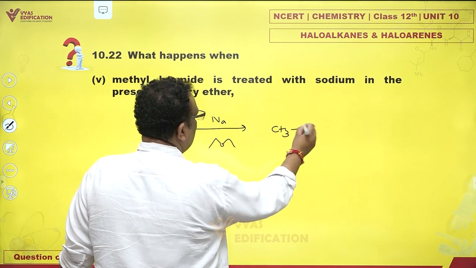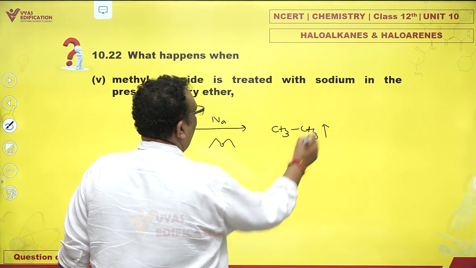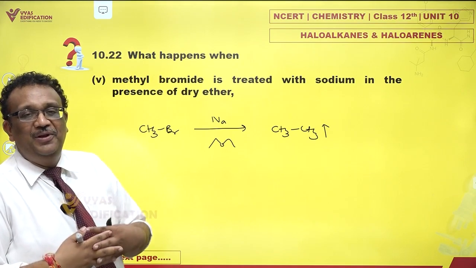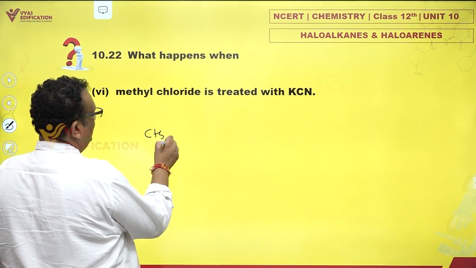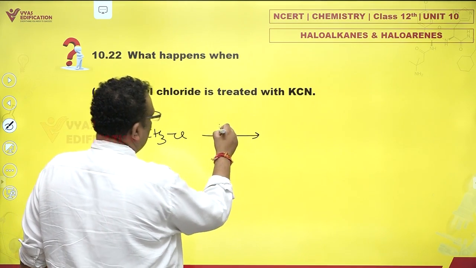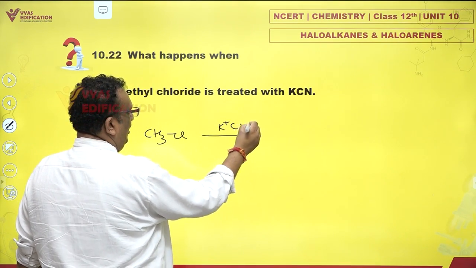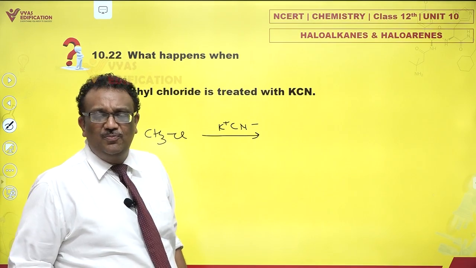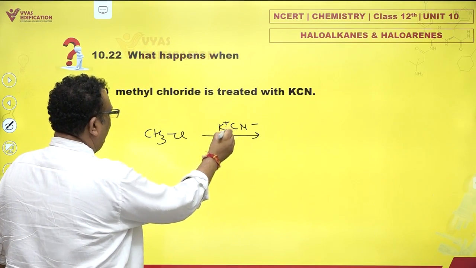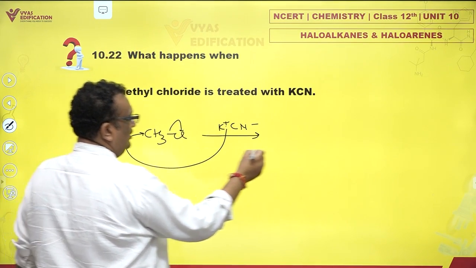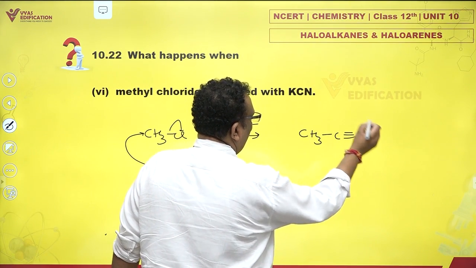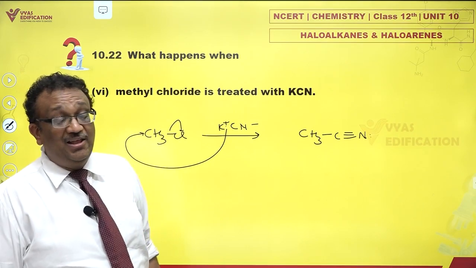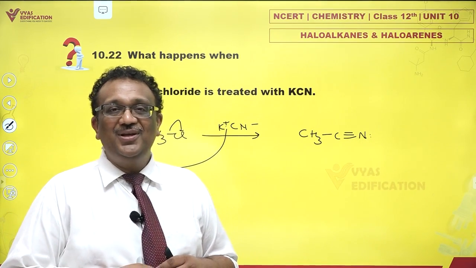You get CH3CH3, ethane. A coupling reaction, the very famous Wurtz reaction. And methyl chloride is treated with potassium cyanide. Poisonous though it may sound, it's a classic case of SN2 attack. You get CH3CN, methyl cyanide, ethanenitrile. This is what you get.